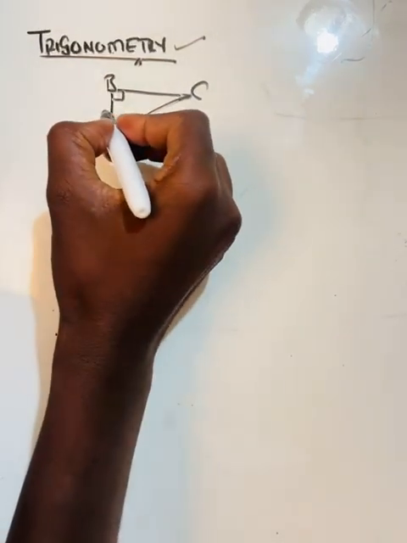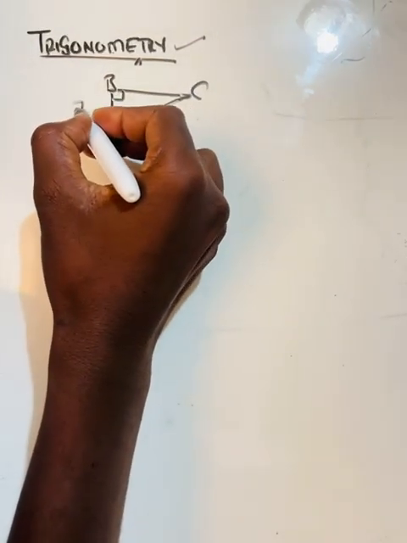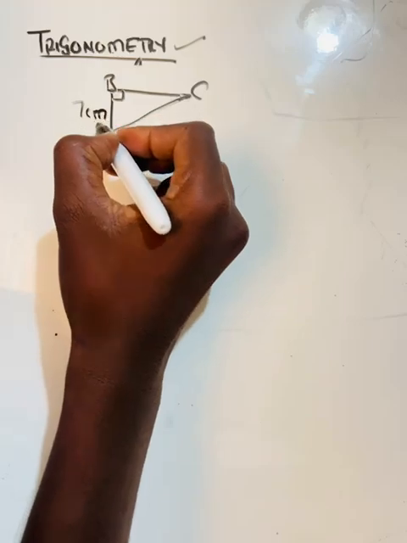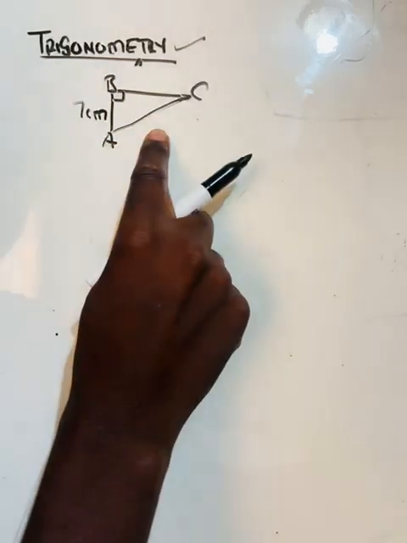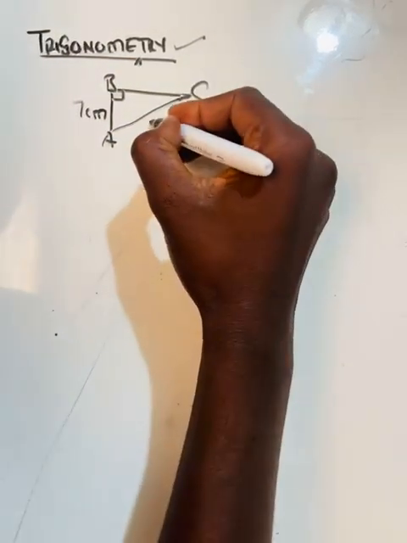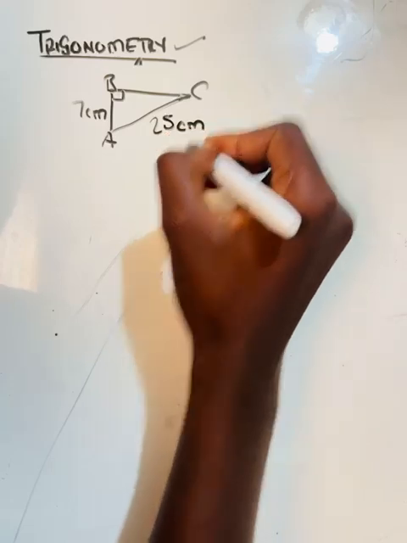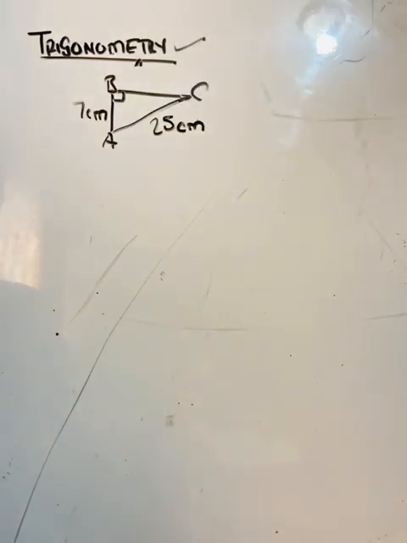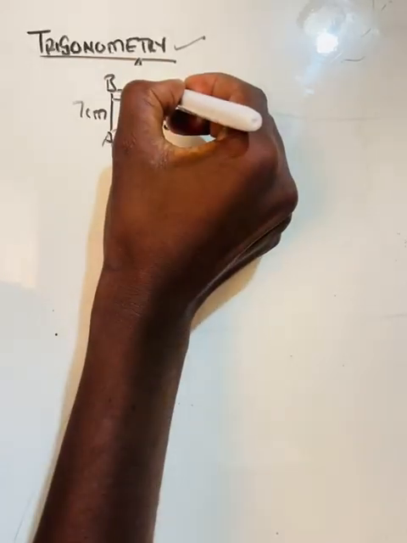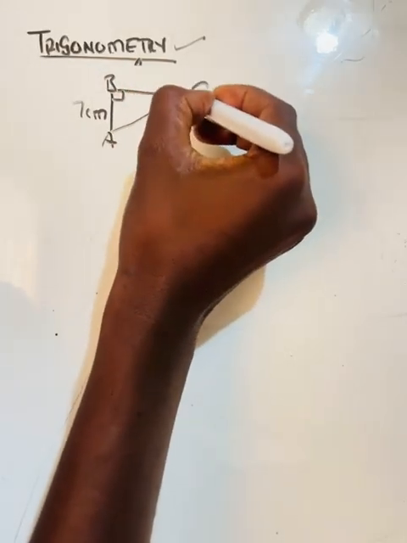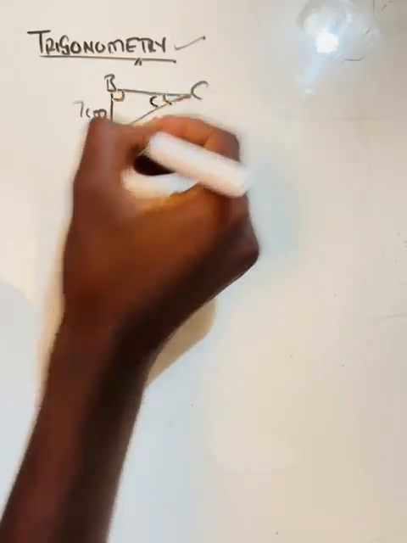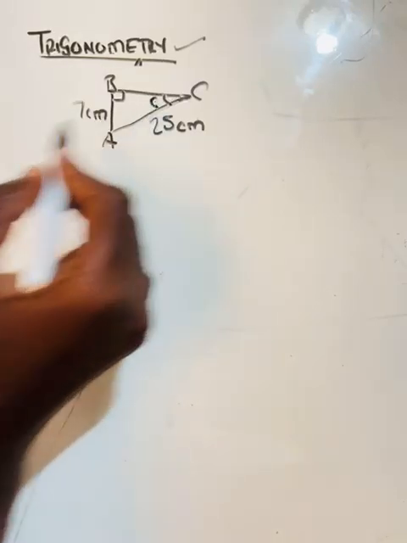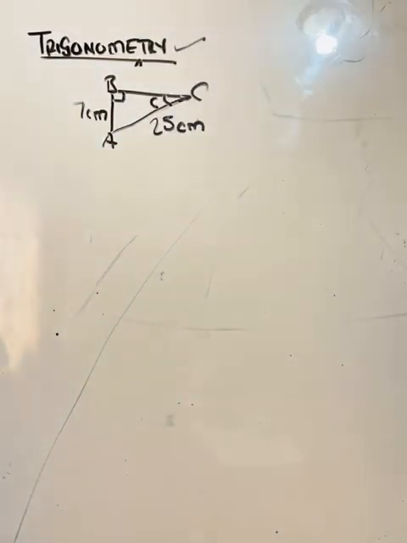I'm given that this side we have got 7 centimeters, and on the other side, we have got 25 centimeters. And very important, I've been given that I'm working with this angle C here.